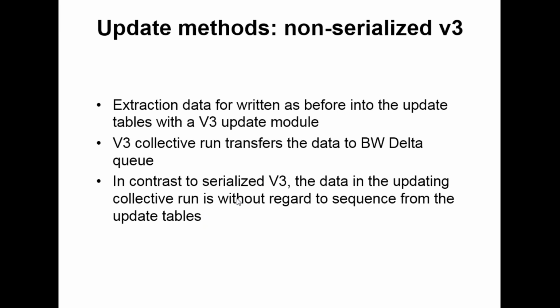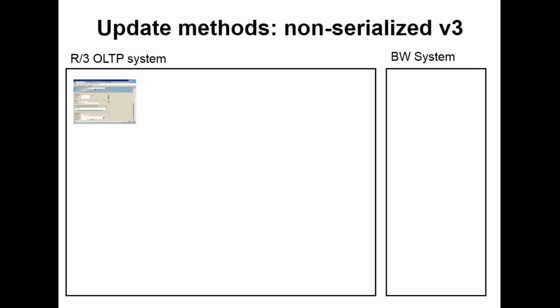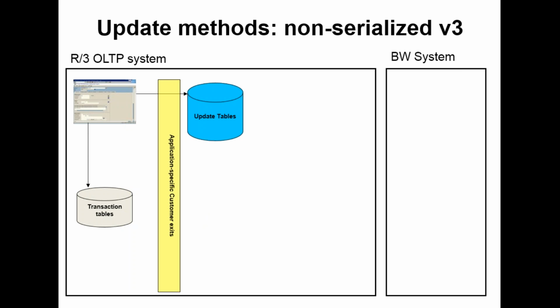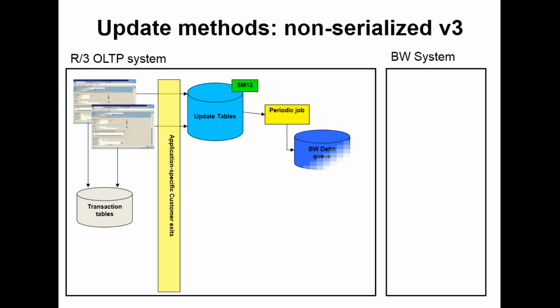So in non-serialized V3, the data in the updating collective run is processed without regard to the sequence from the update tables. As I told, it is not required to have the serialization over here. You see, it is the same as serialized V3 update, where it is loading to update table, from update table to delta Q, from delta Q to BW it will go.